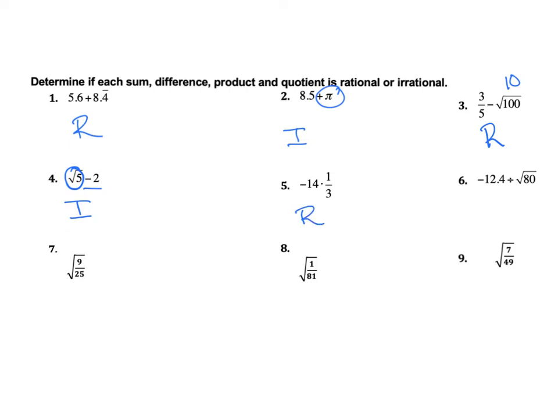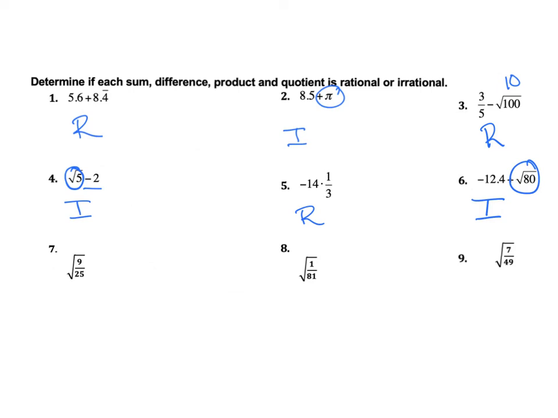All right, number 6. We have negative 12.4, which is a terminating decimal, divided by the square root of 80. Is there a number times the same number that's going to make 80? The answer is no. So because that part is irrational, the entire piece is going to be irrational. All right, number 7. We have the square root of 9 all over 25.